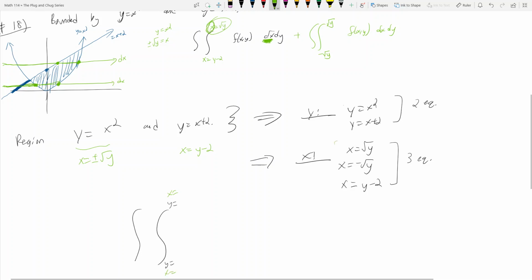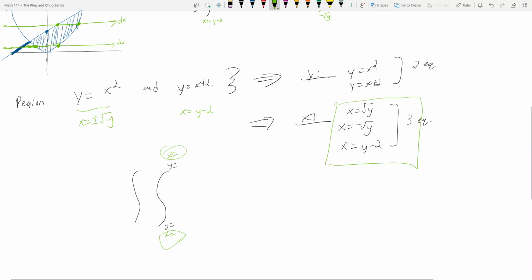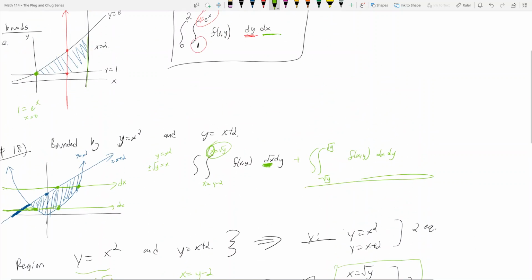But if I have three singular equations for x, I only got two x's here. So that means I need to bring in this other entire double integral, and I don't want to do that. I don't want to bring in more work than I have to do myself.